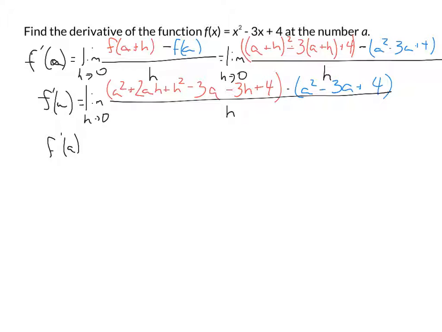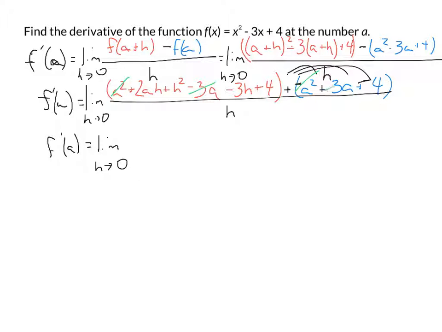And so continuing down here, we're going to do the limit as h approaches 0 of. So we have our subtraction sign here in the middle, and we're going to distribute that to all three pieces. So we're going to have a minus a squared, a plus 3a, and a minus 4. So now we're adding in the middle. So when I combine like terms, a squared minus a squared cancels.